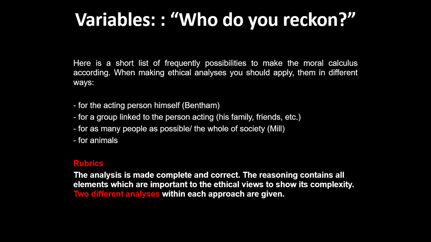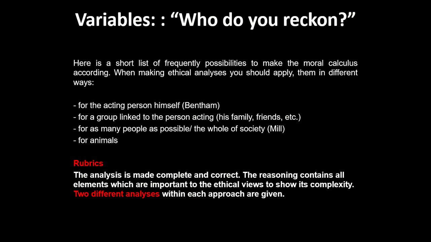You can see that in a test you are asked to make two different utilitarian analyses. There are lots of ways to do that, but my recommendation is to make at least one utilitarian calculus in the way that Bentham does, the individual version, and another one including Mill, the collective calculus.